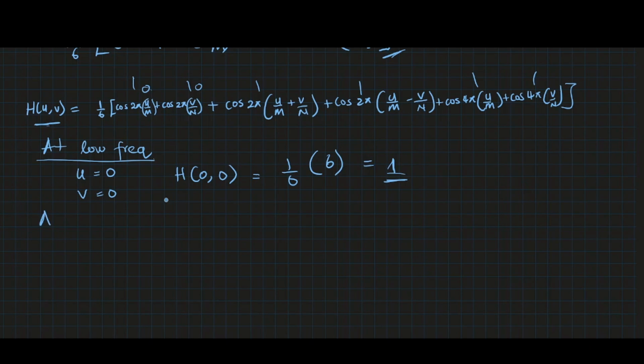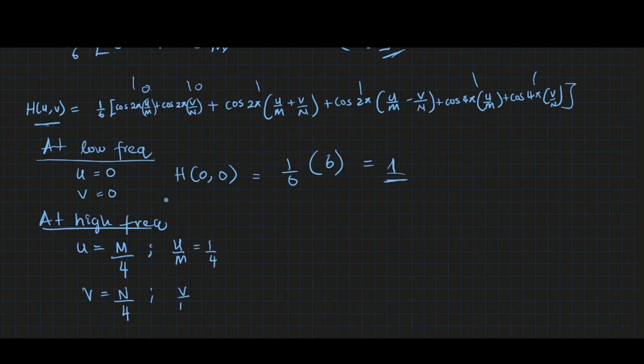Now let's check at high frequencies. At high frequencies, u is going to be equal to m over 4 and v is equal to n over 4. In this case, u over m is going to be equal to 1 over 4 and v over n is going to be equal to 1 over 4.